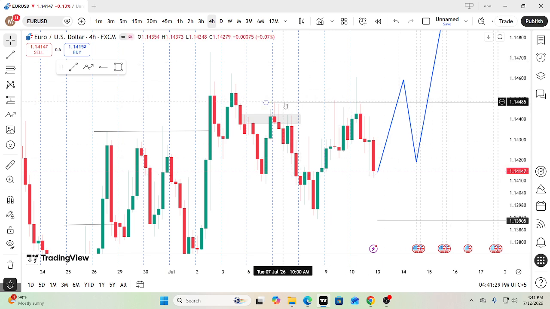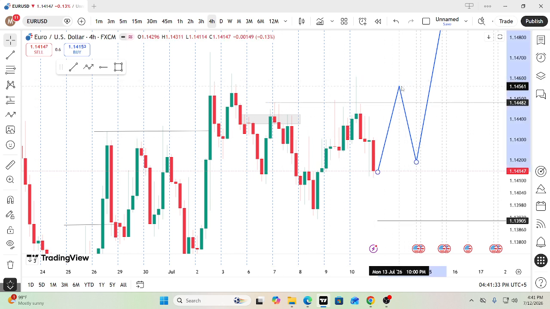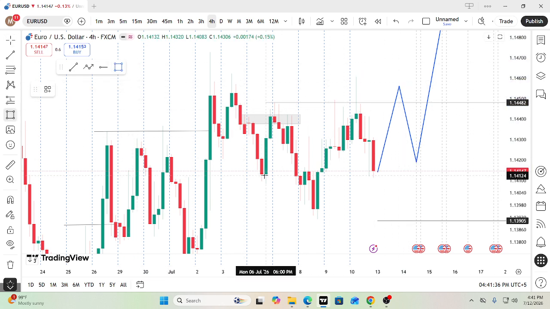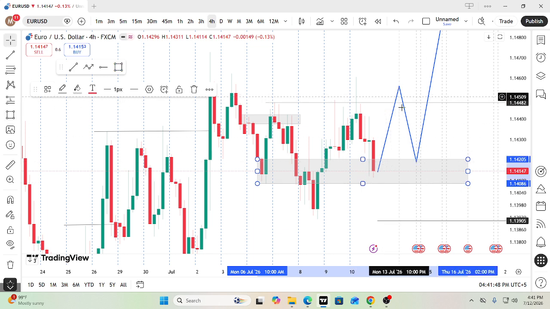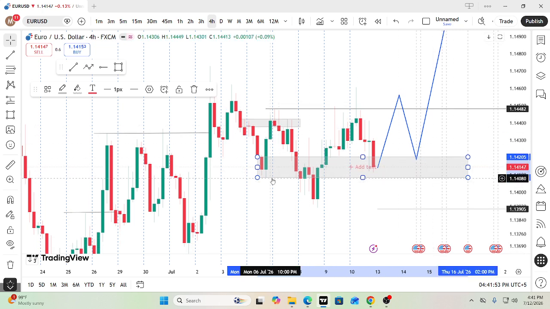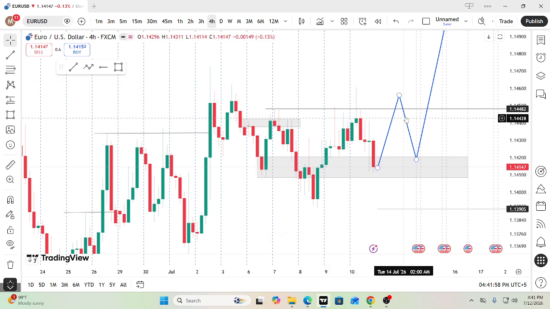If we have closings above this area, which is 1.1448, then from this QML, 1.4086, this is the area which, if the market tests, we can look for buy, and our stop loss would be below this low or below this double bottom. But we need closings above this level. I am looking for buy in Euro USD and in gold.